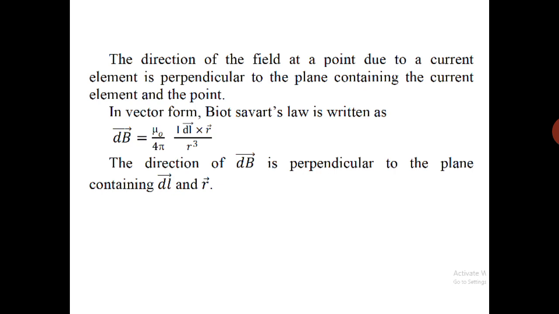Why here r cube? Because the magnitude of dl cross vector r is dl times r, and it is already perpendicular, meaning sin 90 is 1. Divided by r cube, finally we get the same expression. So the direction of dB is perpendicular to the plane containing dl and r.